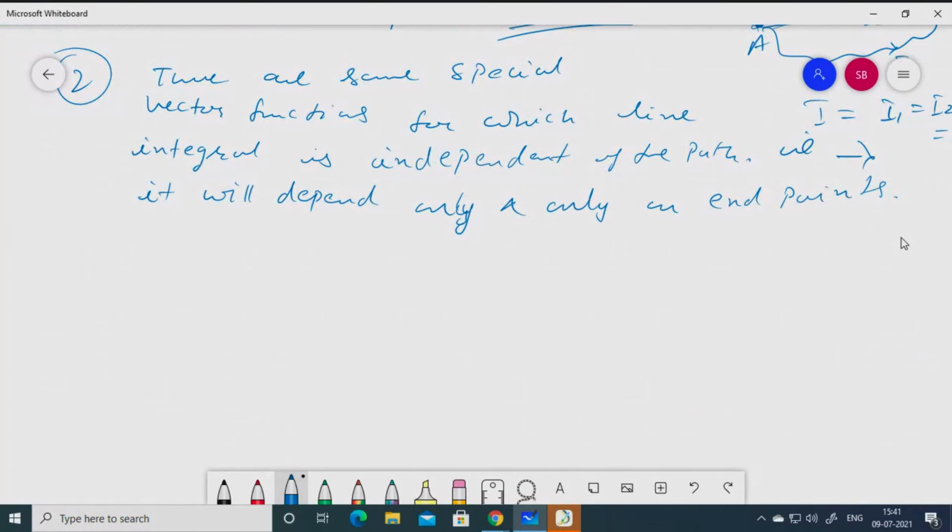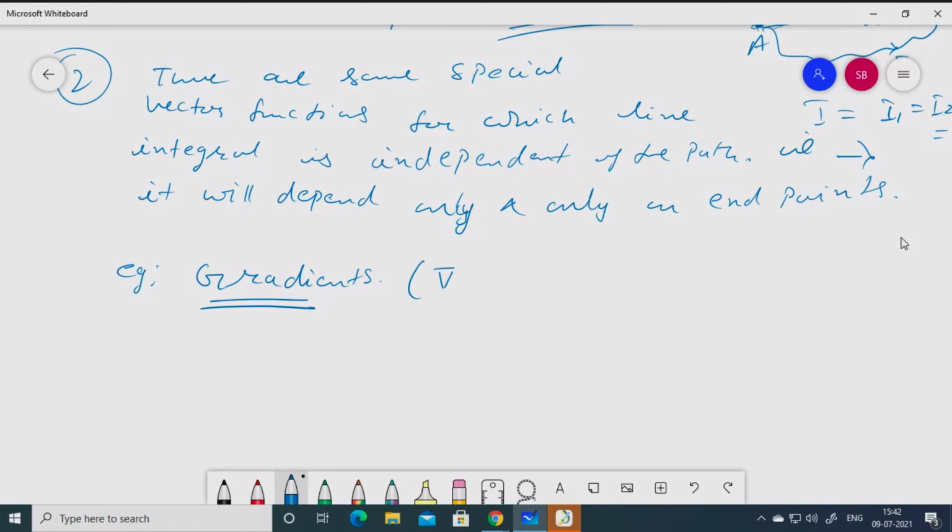Now, one such example I can give is the gradient. Gradients are what, vector functions or scalar functions? Tell me. Gradient you have calculated in the last lecture. It's a vector, no?